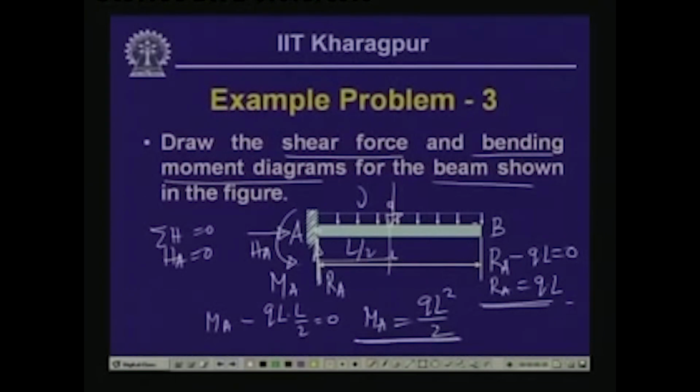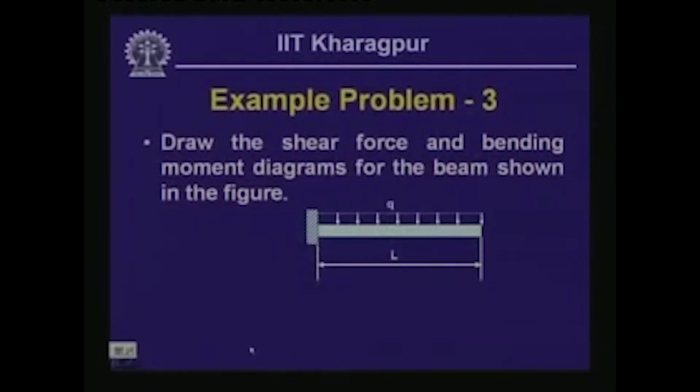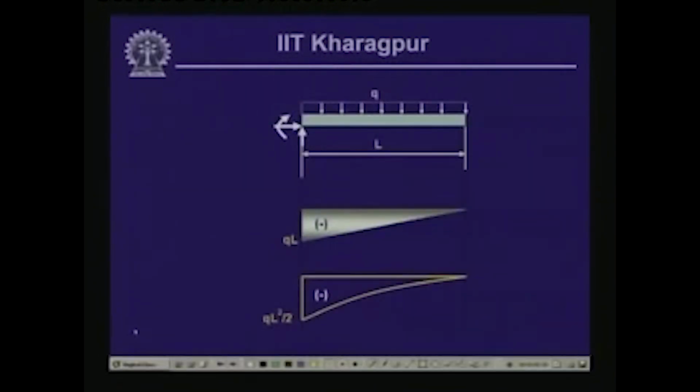Now let us take the free body diagram of this segment of the beam, so that we can find out the values of the shear force and the bending moment at that particular segment. This is side A, this is side B, and we take a section over here, at a distance of x. This is Ra and moment Ma.